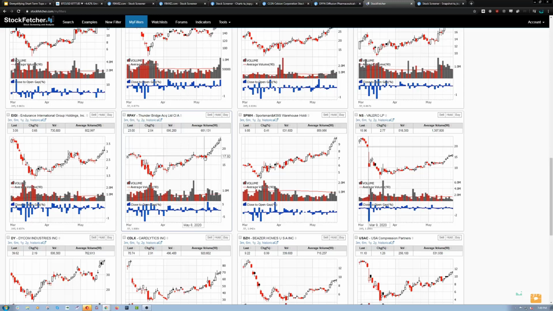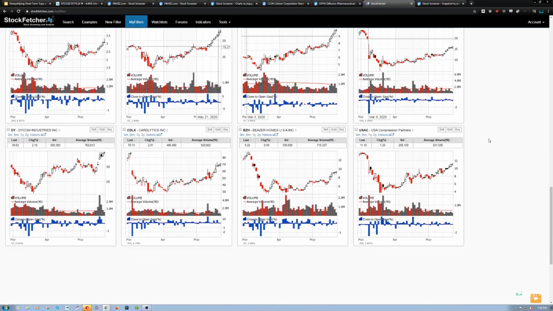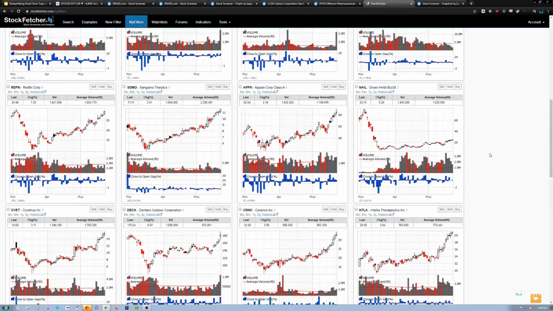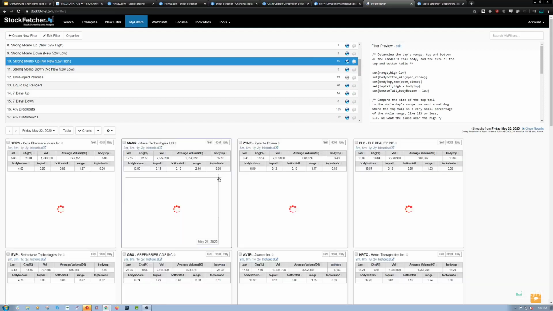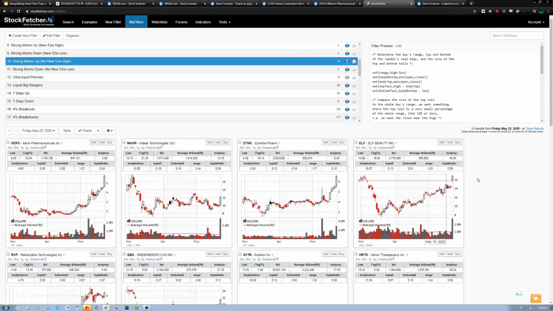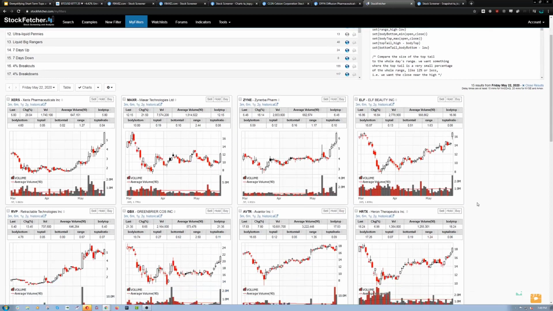So it's not really a huge move. Usually with a parabolic, you want to see a bigger move, like 50 or 100%, before you start trying to time the bottom of it or time the top. But I've got another one here, strong momentum up, which sometimes finds parabolics. See, like Zine here is not a terrible looking parabolic move.